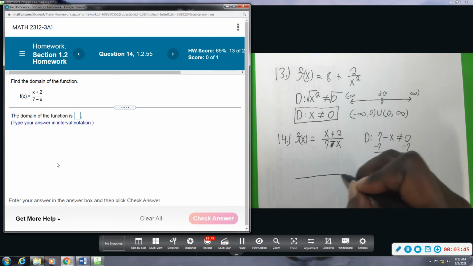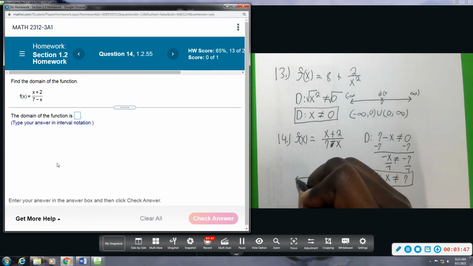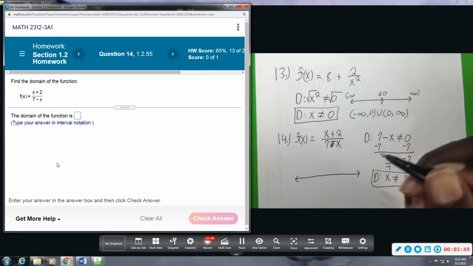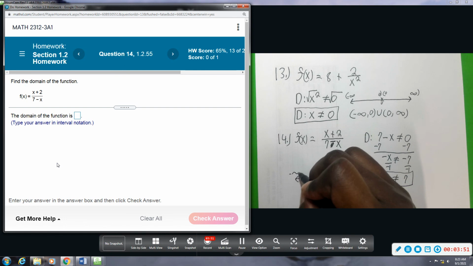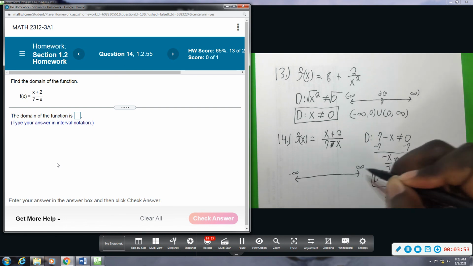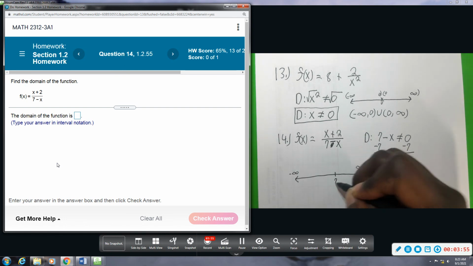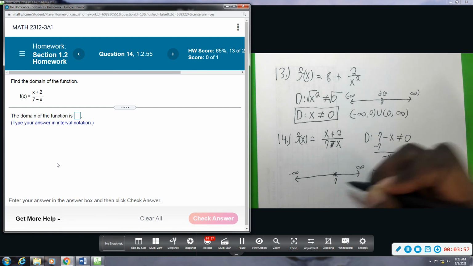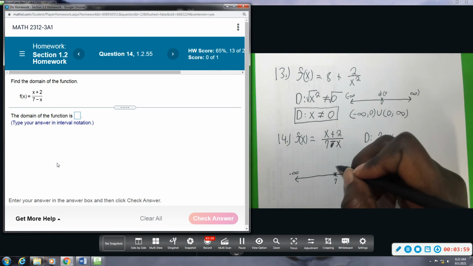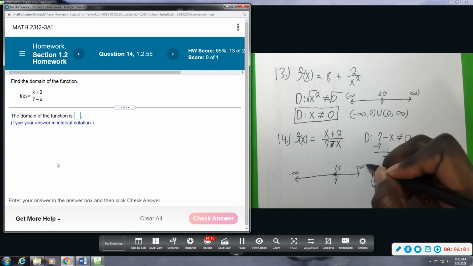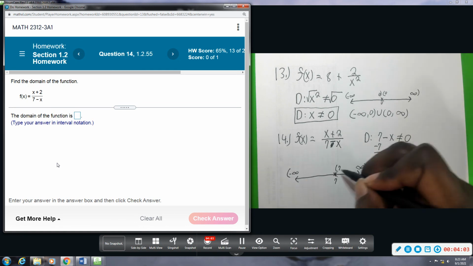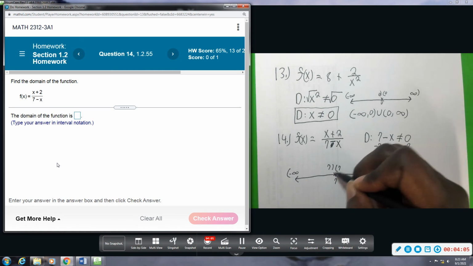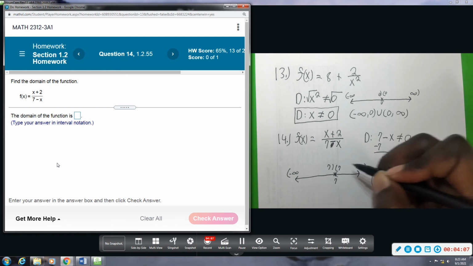So again, using a number line to kind of help you see how to put that in interval notation. Negative infinity, positive infinity. This time I'll put my number 7 here, and that point is being removed. So it splits it in two parts. The right side of 7 to infinity, and then the left side of 7 to negative infinity.